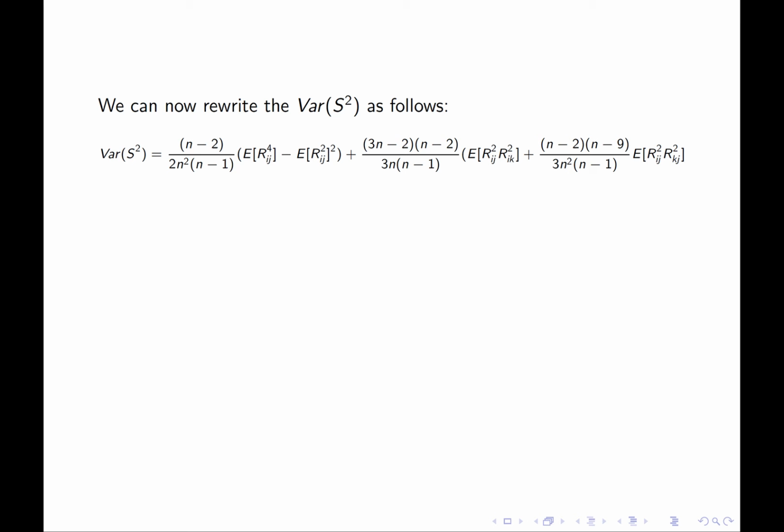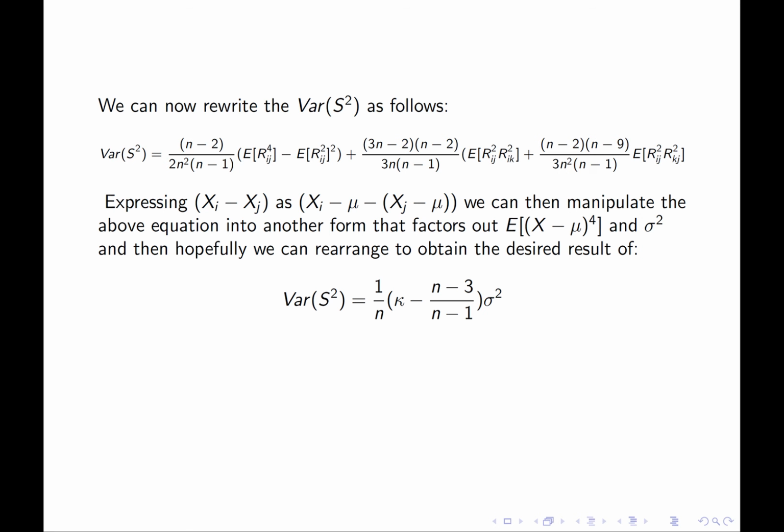So now we hope that we can manipulate this into this, by expressing xi minus xj in terms of mu, basically. So we hope we can manipulate it into this form. That's assuming that my logic's correct. If it is, then we can. If it isn't, then we can't, or either that I've made a mistake somewhere. So yeah.